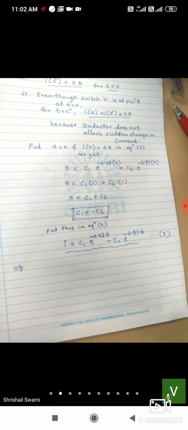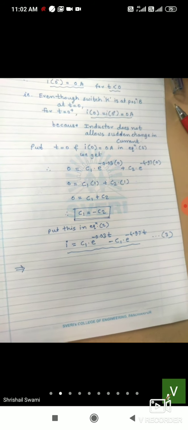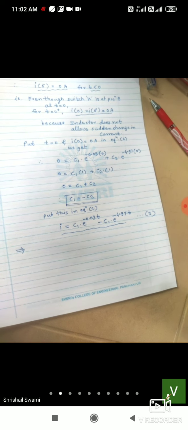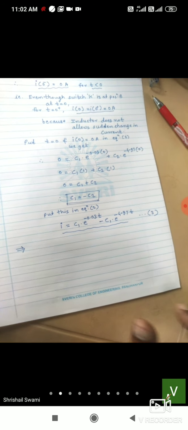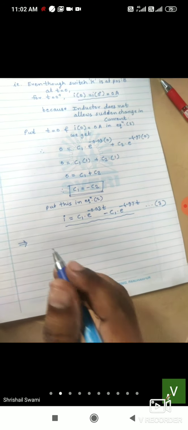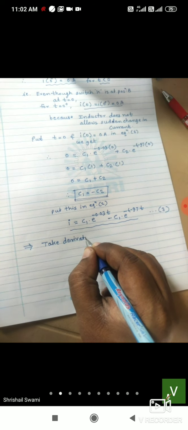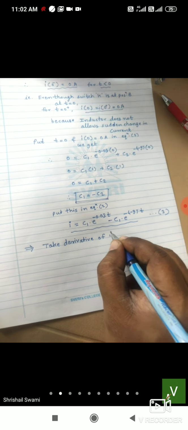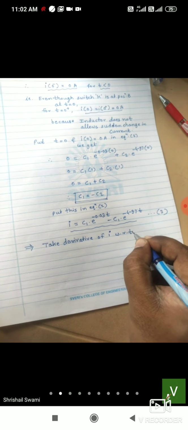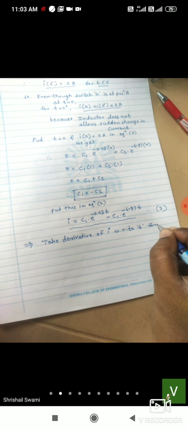For that we are going to use one more initial condition. In the same way as we used previously, we have to consider di by dt, that is, take the derivative of this equation. After taking the derivative, di by dt will come, then I will tell you again what will be the condition. Take the derivative of I with respect to t for the above equation.